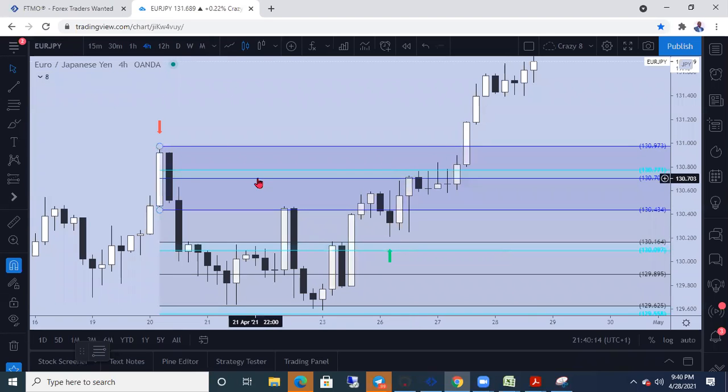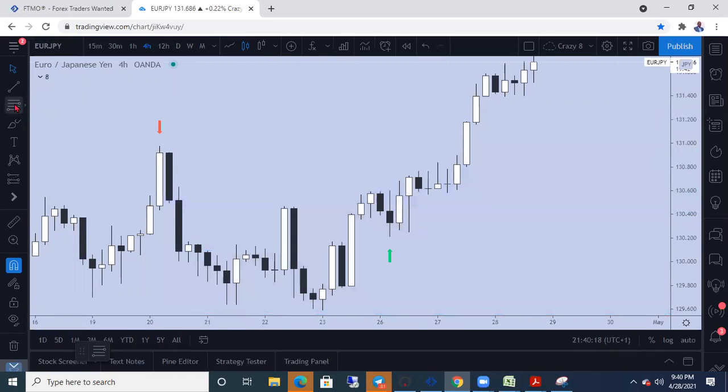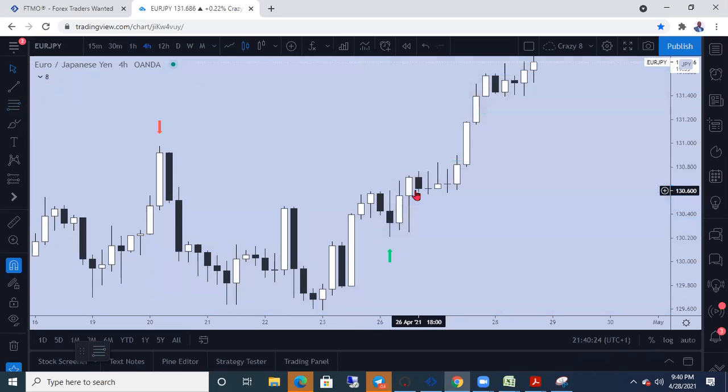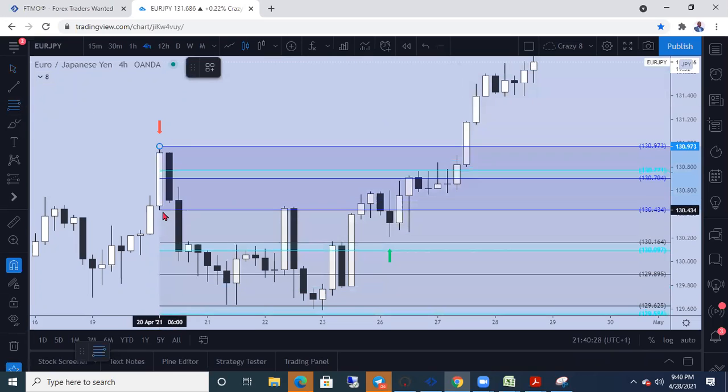So basically, forget about the sell, and then we have the bullish one we saw earlier, right? But for the sake of this discussion, let's assume we never really saw the buy and we're just basing it on the sell.